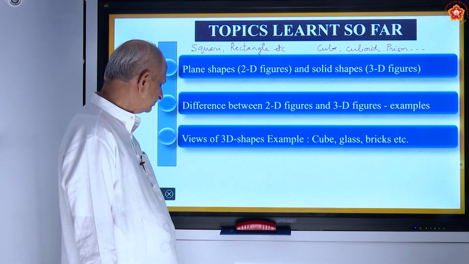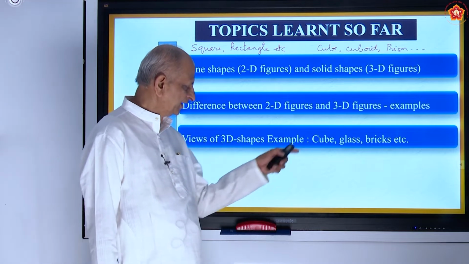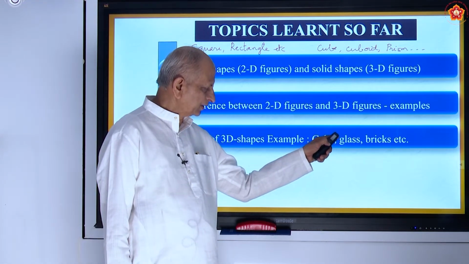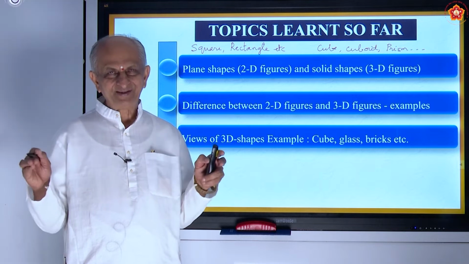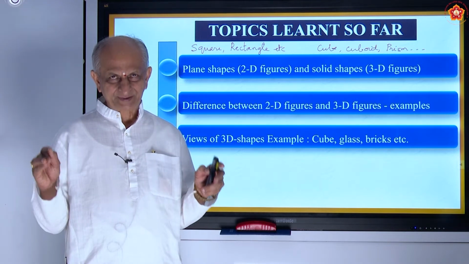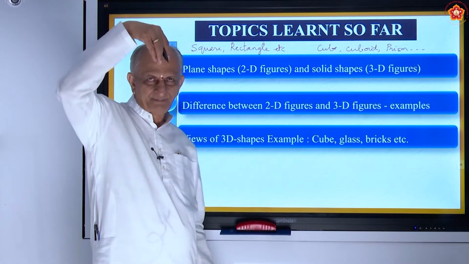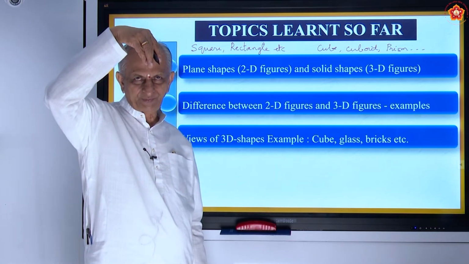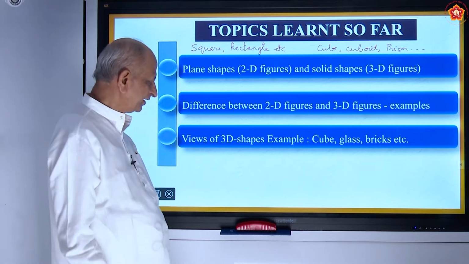And if you view the 3D shapes like a cube or glass, bricks, etc., they look different from different perspectives. For example, if you look from the top, one view; if you look from the side, another view; look from the front, another view.